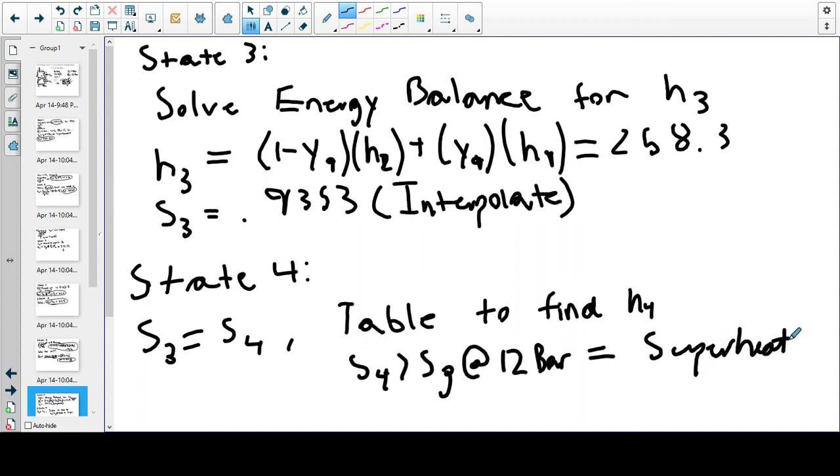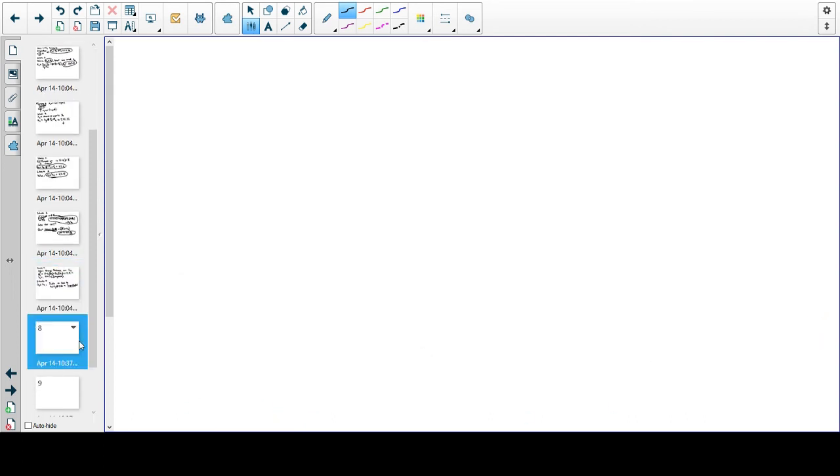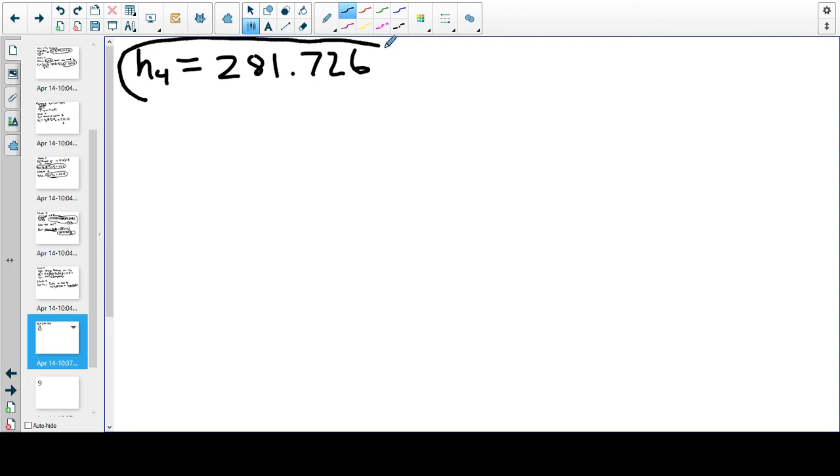And it is superheated. And so H4 is equal to 281.726, once you look it up in the table.